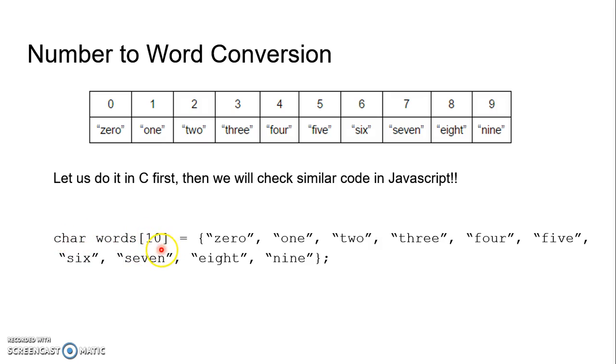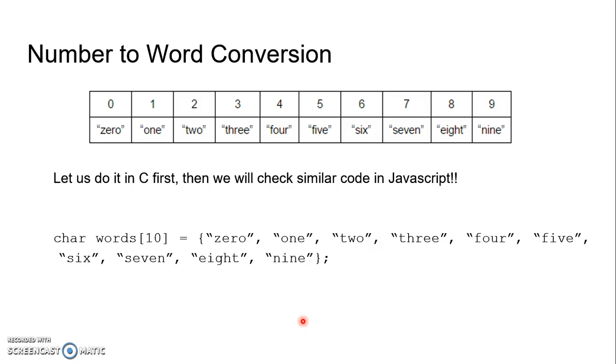So char arrays are nothing but strings. And here I'm having ZERO as the first value, comma ONE, TWO, THREE, FOUR up to NINE. And if I write something like this, we know that this is at 0th index position, this is at 1st index position, this is at 2nd index position, and so on till this is at 9th index position, which very much represents what you have seen here in this tabular format.